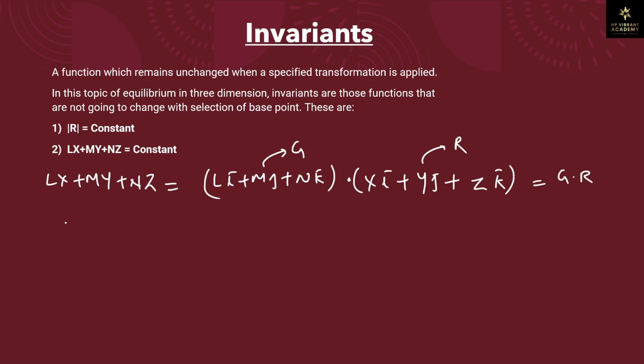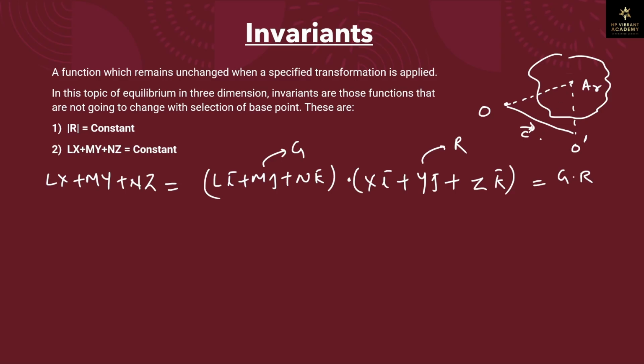Now let us take the case of changing the base point from O to O dash. Let us take the rigid body with a random point A, and this is our base point. We have changed the base point from O to O dash. Let us take O dash as a constant vector.